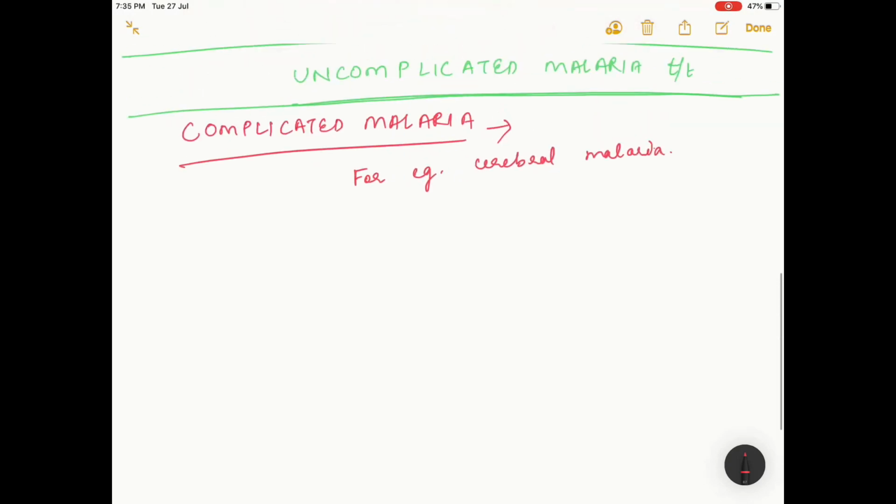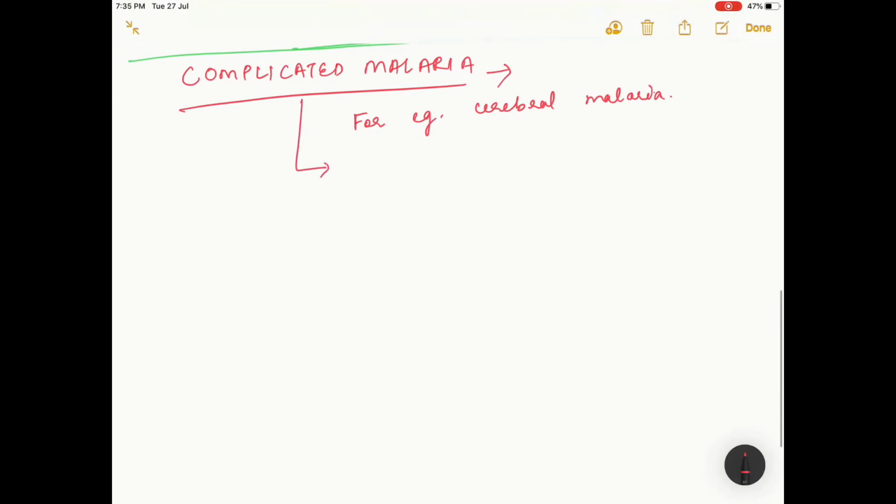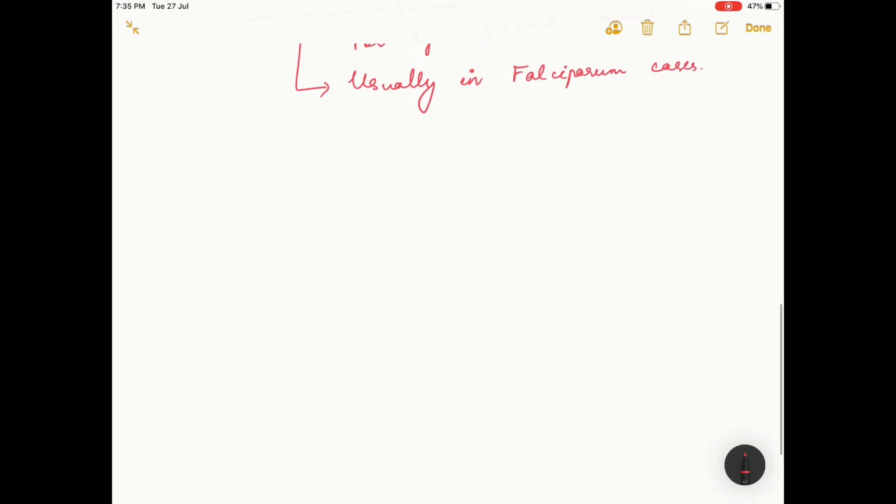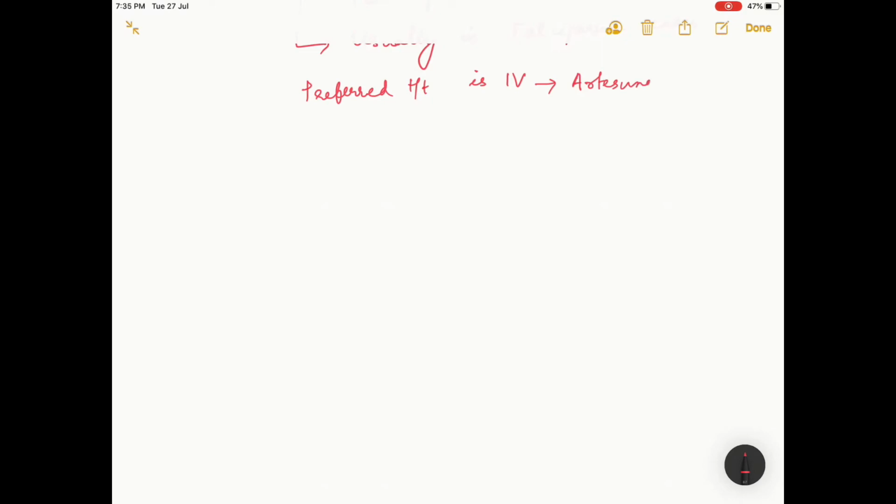For now we will concentrate on the treatment part. Usually the complications are found in falciparum cases. If the malaria is complicated, then the preferred treatment is IV treatment, and IV artesunate is given.